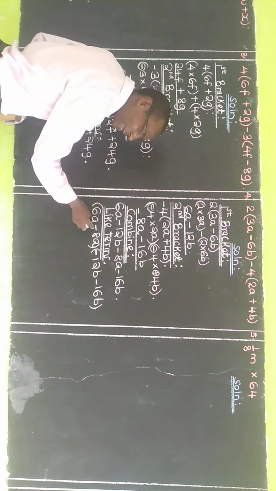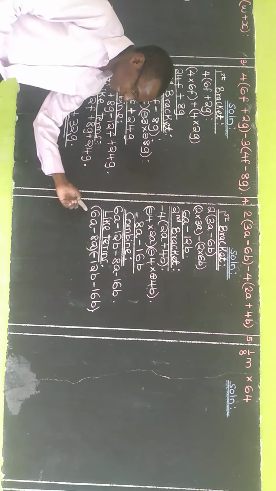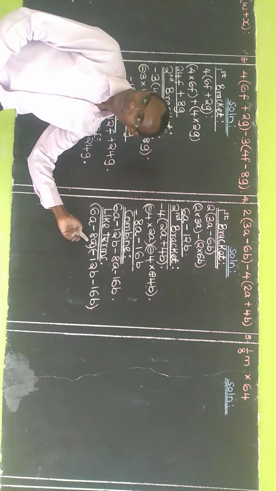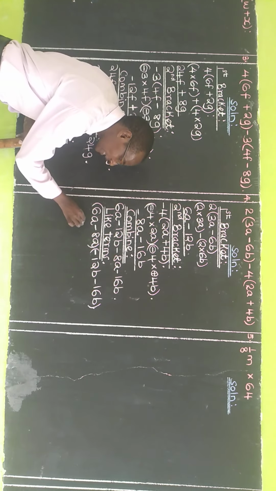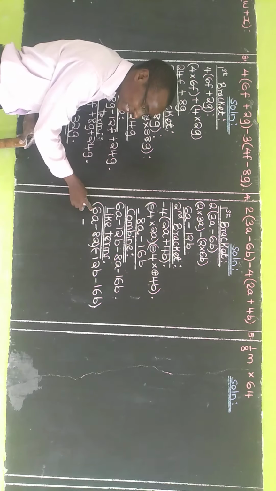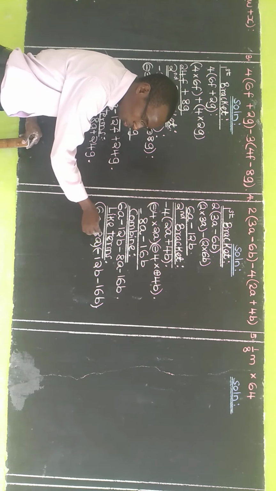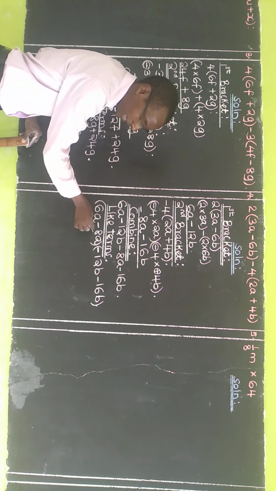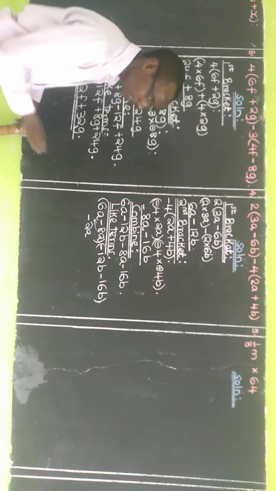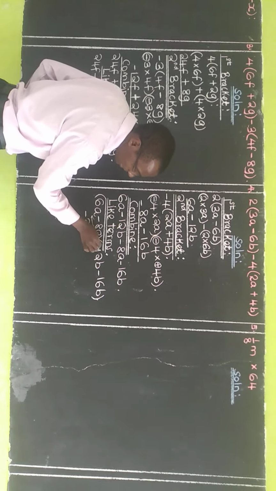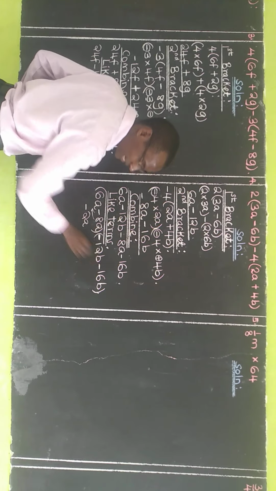So 6a minus 8a. 6 is smaller than 8, so the positive is smaller, so the result should be a negative. So you now reverse them: 8 minus 6 gives you 2. But here the first number is a negative and the second number is a negative.